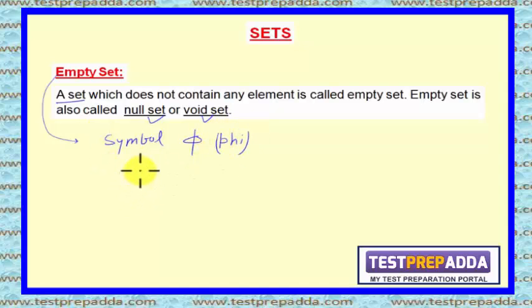We also represent this empty set with curly brackets, nothing inside it. Now, the number of elements of set phi is written like this, and that is equal to 0, which means it does not contain any element.